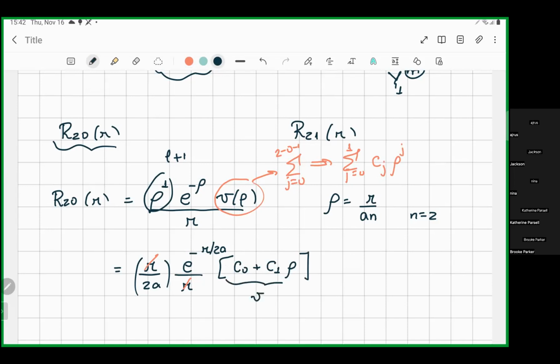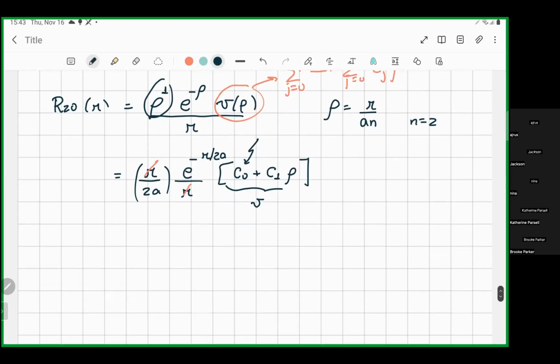Well, let's think a little bit more. The c_0, we already said last class, how do we find it? Normalizing. How about the c_1? Well, for c_1, we had that recursion formula. So that's how we are going to obtain that c_1. So let me write the recursion formula again.